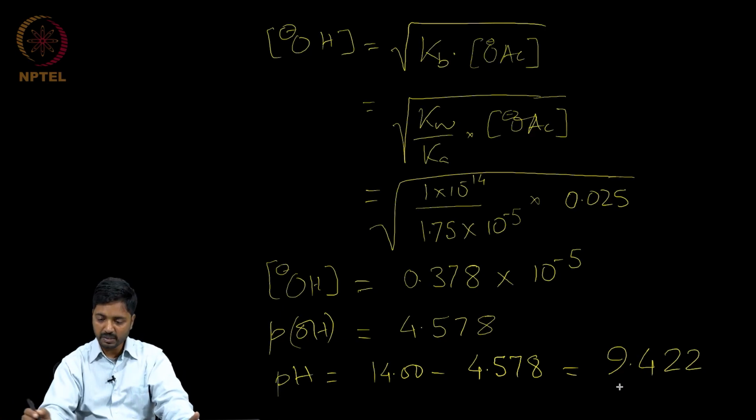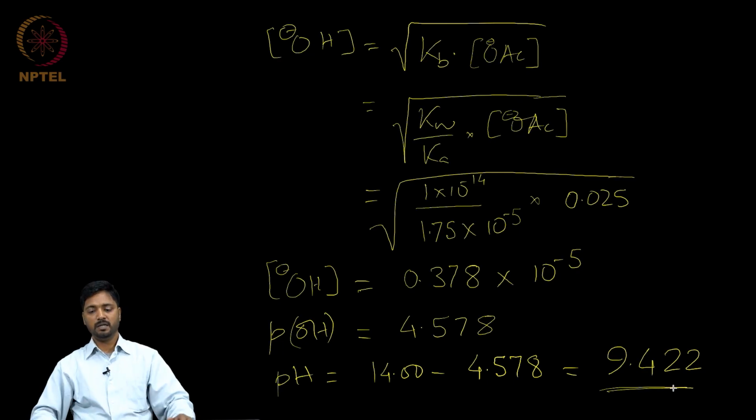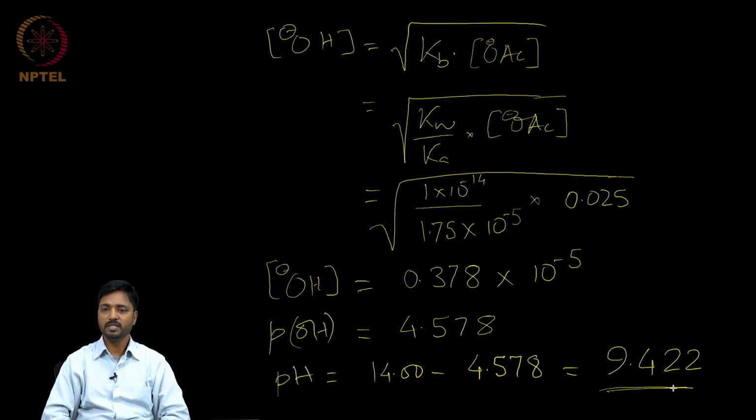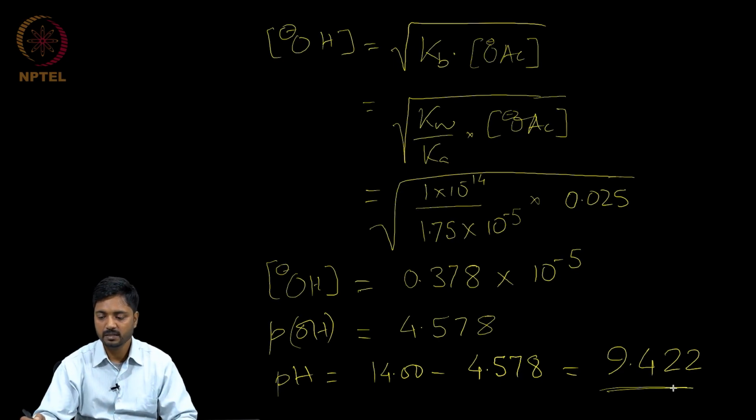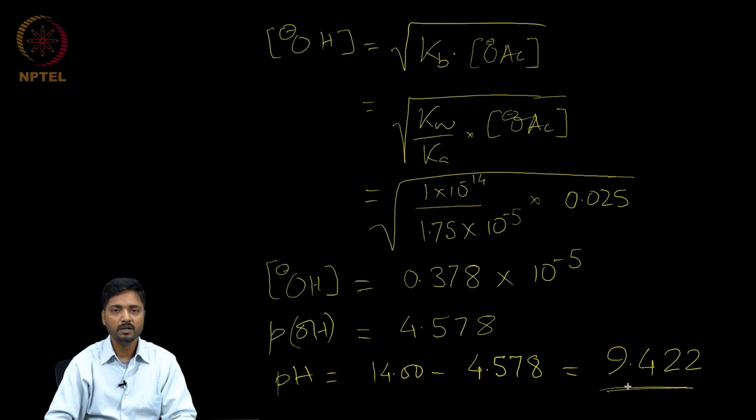So, it is important to note here that the pH at the equivalence point for this system is quite basic. So, we should be able to use, say, phenolphthalein as our indicator in this case, and at the equivalence point the pH value turns out to be 9.422.